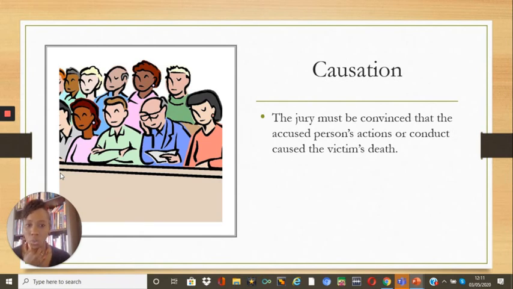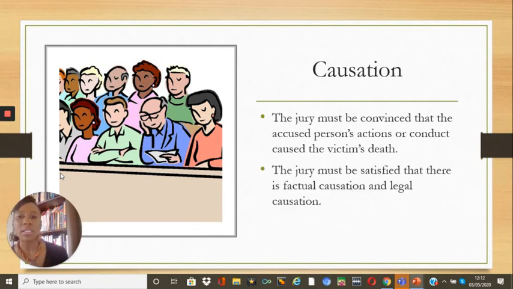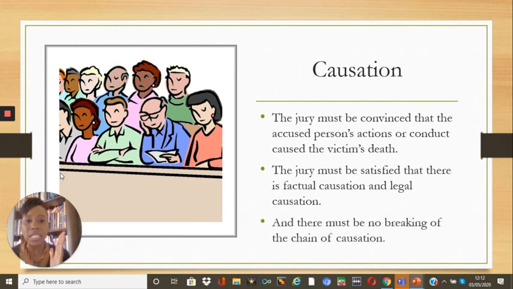And in order for someone to be found guilty of murder, it needs to be shown that the accused person's conduct or their action or their omission caused the victim's death. Otherwise, you can't convict someone of murder. You have to be able to demonstrate that it's what they did which led to the death in question.